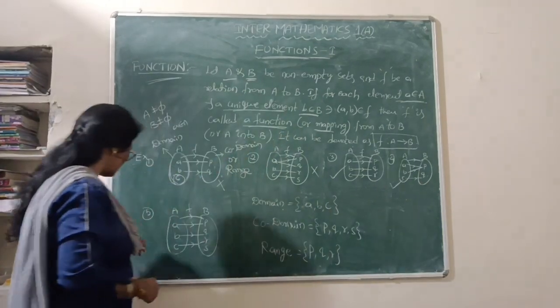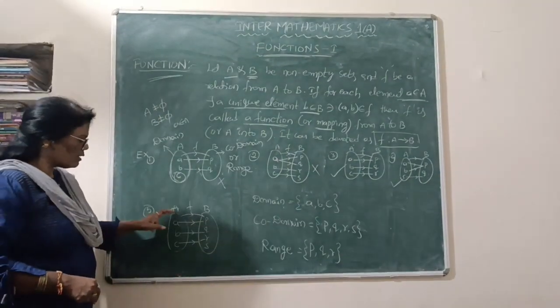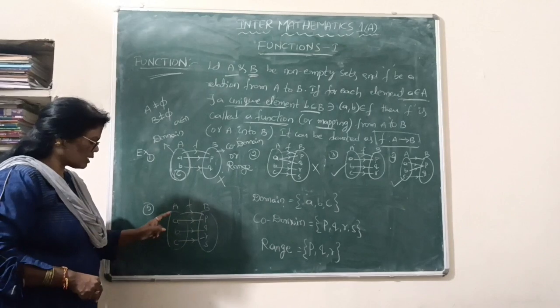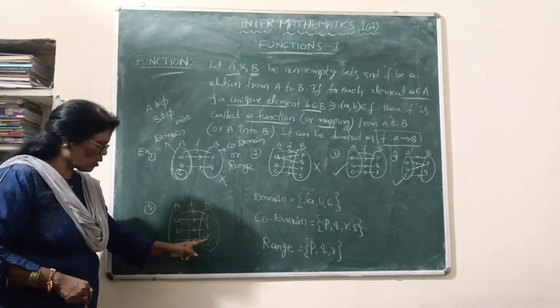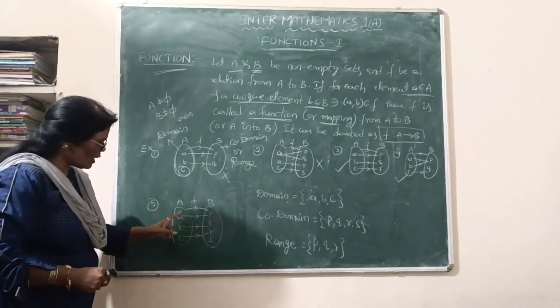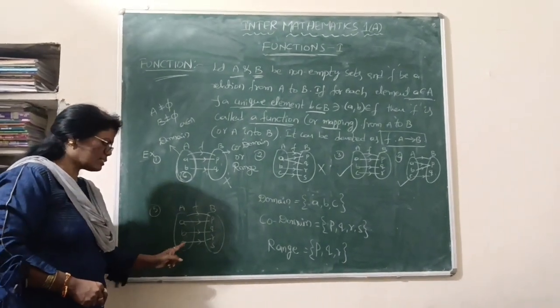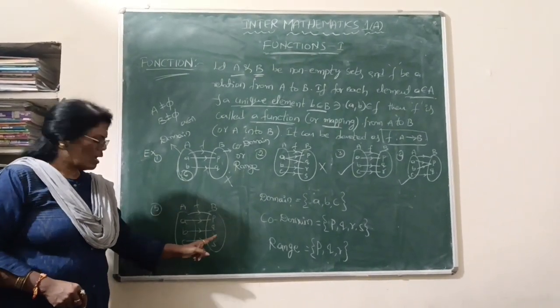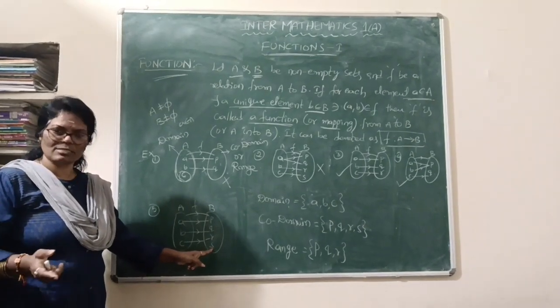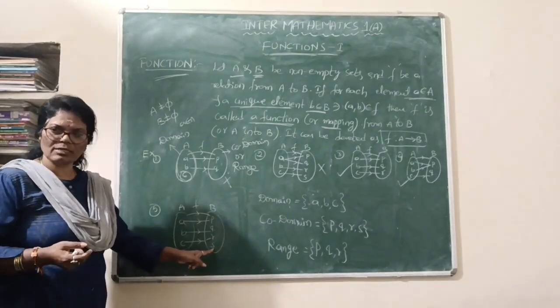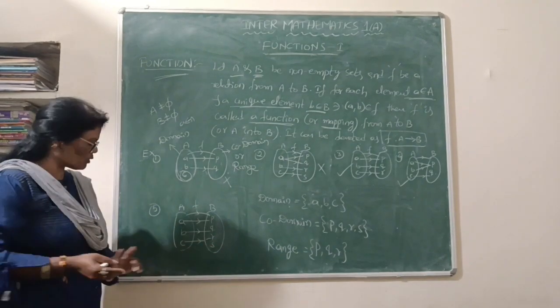And the fifth one is there. Here F from A to B. a, b, c and here p, q, r, s. So a is related to p, b is related to q, and c is related to r. But in this case, s doesn't contain any relation, whatever it may be.